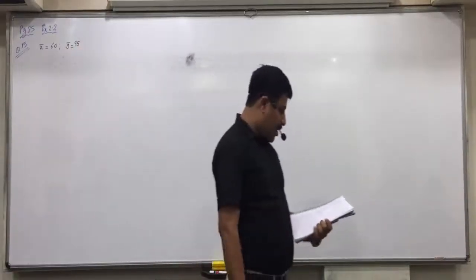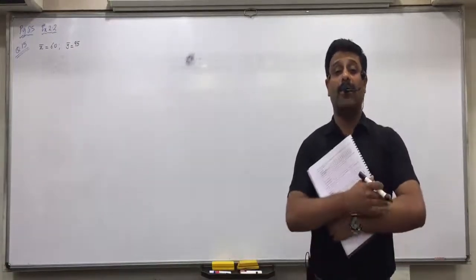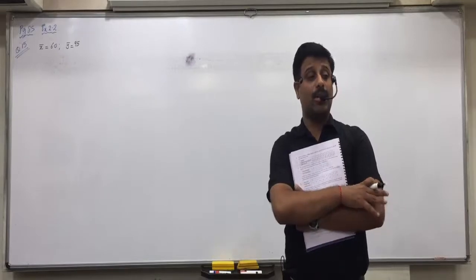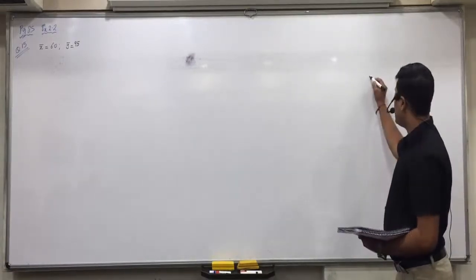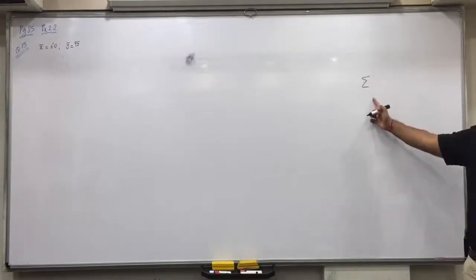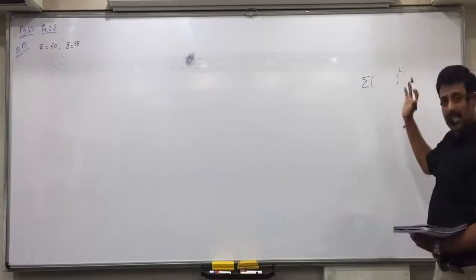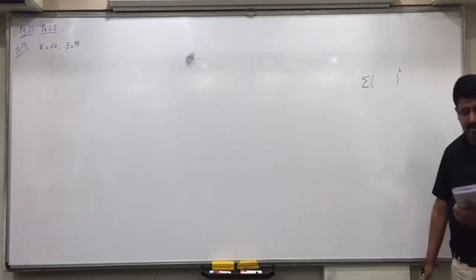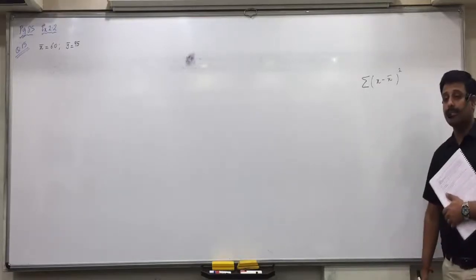Now, sum of squares of deviations taken from their mean. Sigma means sum, squares means square, and deviation taken from mean means x minus x bar.